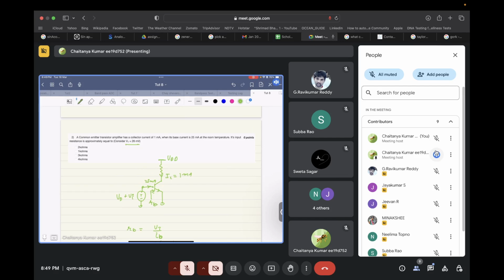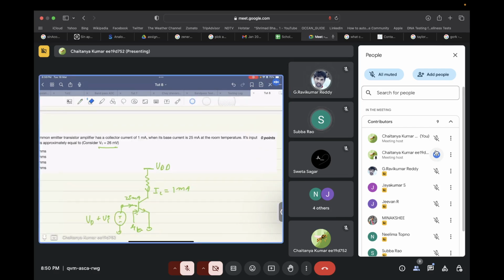The collector current is given higher in this question, lower than the base current. That shouldn't have happened. I think we take it as 25 micro. Yeah, okay, this should be 25 micro.